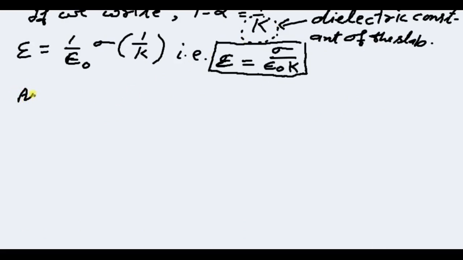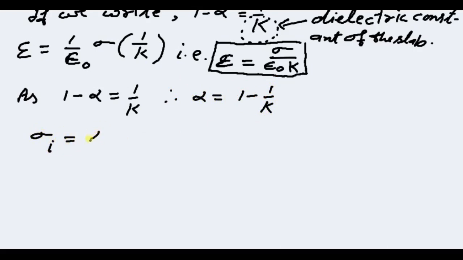As 1 minus alpha is equal to 1 upon k, alpha will be equal to 1 minus 1 upon k, and induced charge density sigma I is equal to alpha sigma.